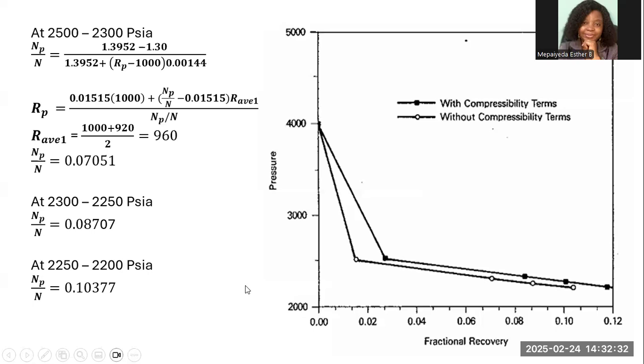So I want you to lay your hands on the calculations, and then if you have a plot, the pressure versus fractional recovery plots. So this is the pressure you have between 2,000 to somewhere around here, 4,000. You have the fractional recovery obtained with compressibility. That was plotted here.